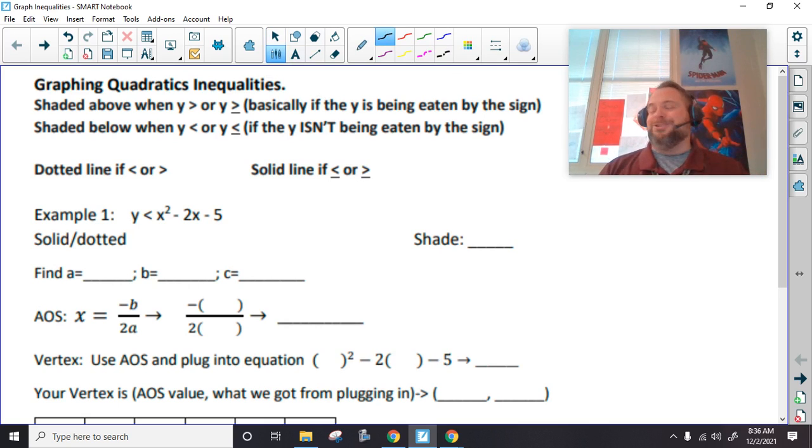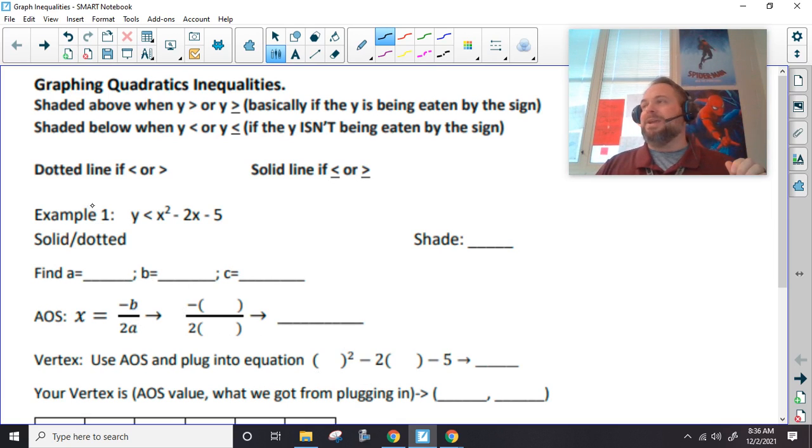What we are doing today is like, what if what we learned yesterday with graphing a quadratic in standard form and graphing linear inequalities, if those two things had a baby, that's what this would be. Think about it. We're doing the same thing we did yesterday with finding the axis of symmetry, the vertex and stuff.